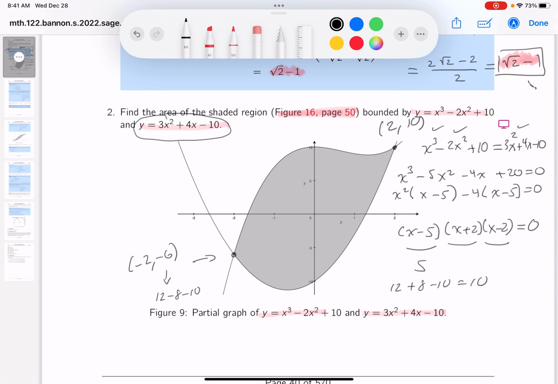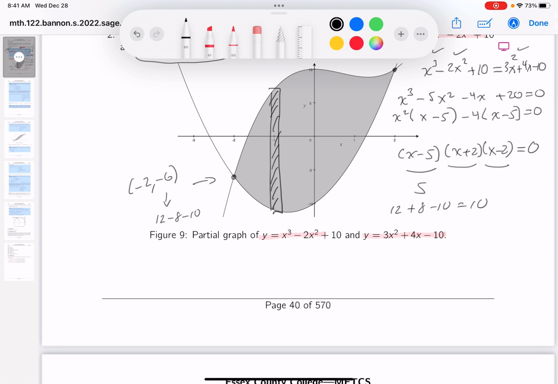All right, what I'm going to do next is put a representative rectangle down. Looks like this over here. And we're going to discuss adding those things together. And let's write that down. It's an integration problem now. So the integration is going to occur from minus 2 up to 2.